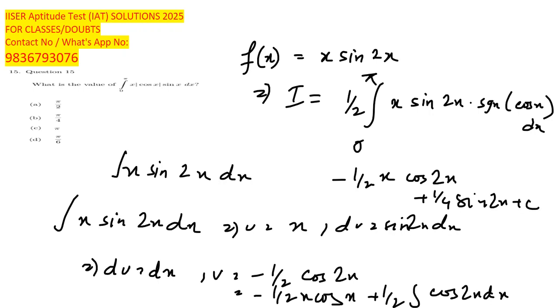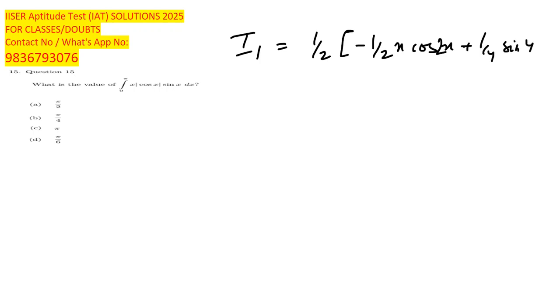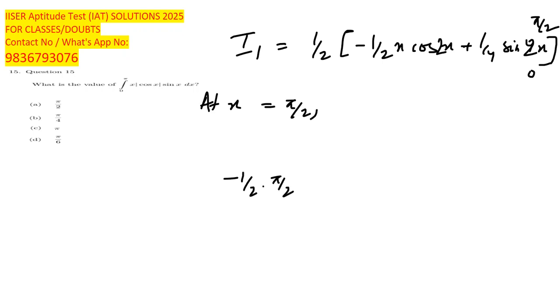So we'll compute the definite integrals then. So I1 is equal to half of minus half x cos 2x plus 1 by 4 sin 2x from 0 to pi by 2, and at x equal to pi by 2 it is minus half pi by 2 cos pi plus 1 by 4 sin pi.